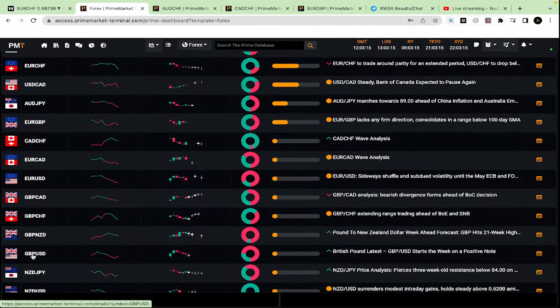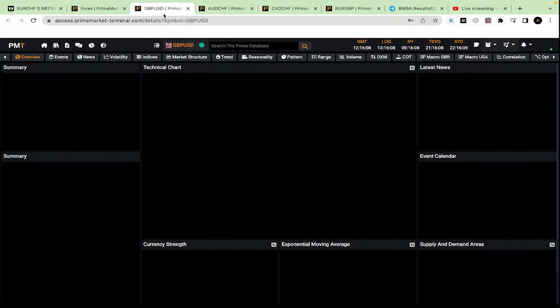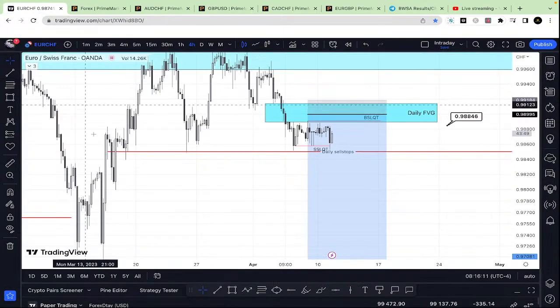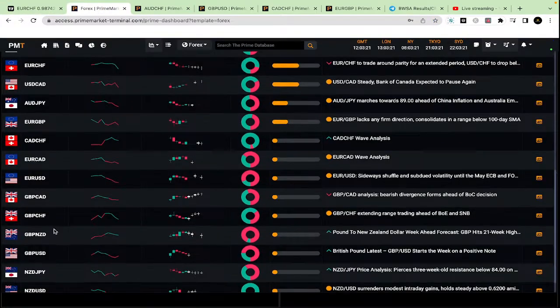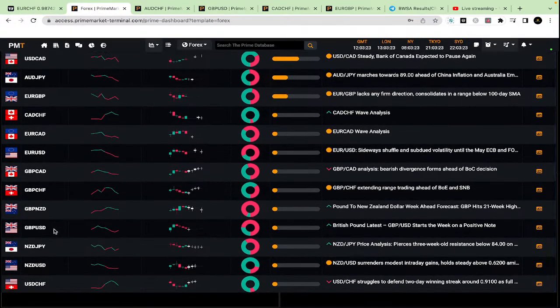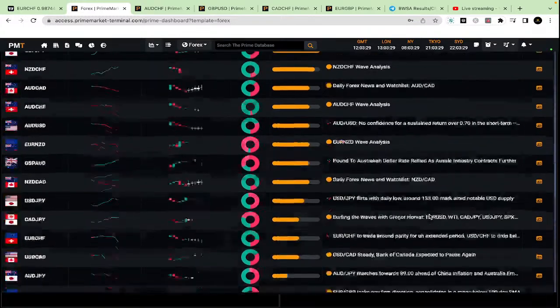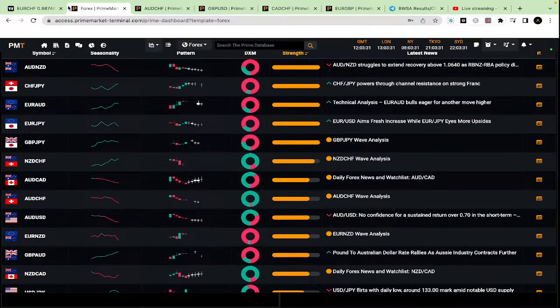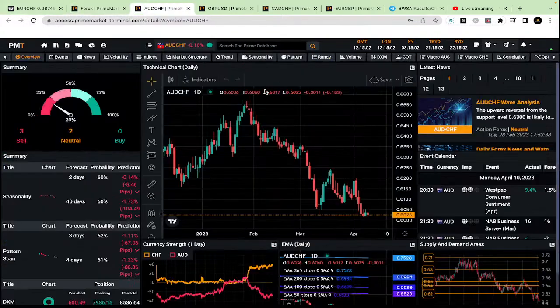GBP USD likely will be ready. It seems like we have a bullish predicted candle there. So there's a few swing trade ideas. NZD USD won't be ready until about Wednesday. USD Swiss franc, I'm not really interested in, to be honest. And that's pretty much all I see in terms of what we're doing here.